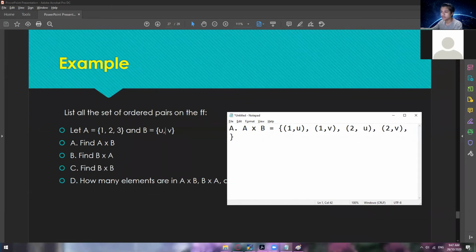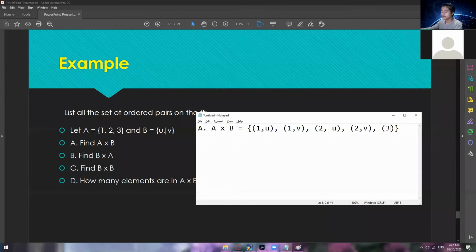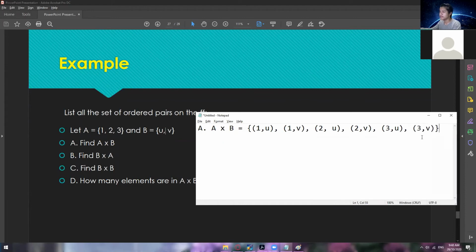And then the last ones are (3, U) and then (3, V). Okay? So, ganun lang sa letter A. So, basically, minultiply nyo lang or dinistribute nyo lang yung mga elements natin.